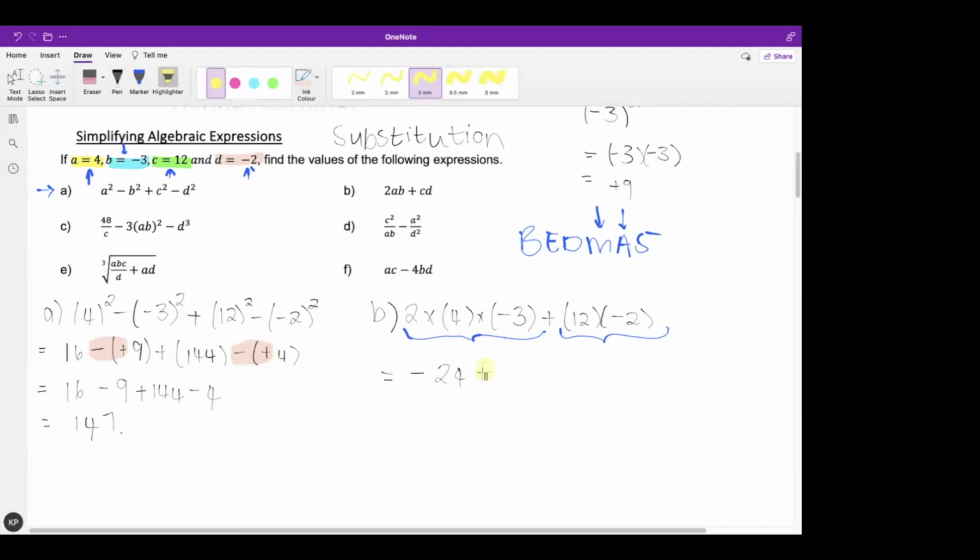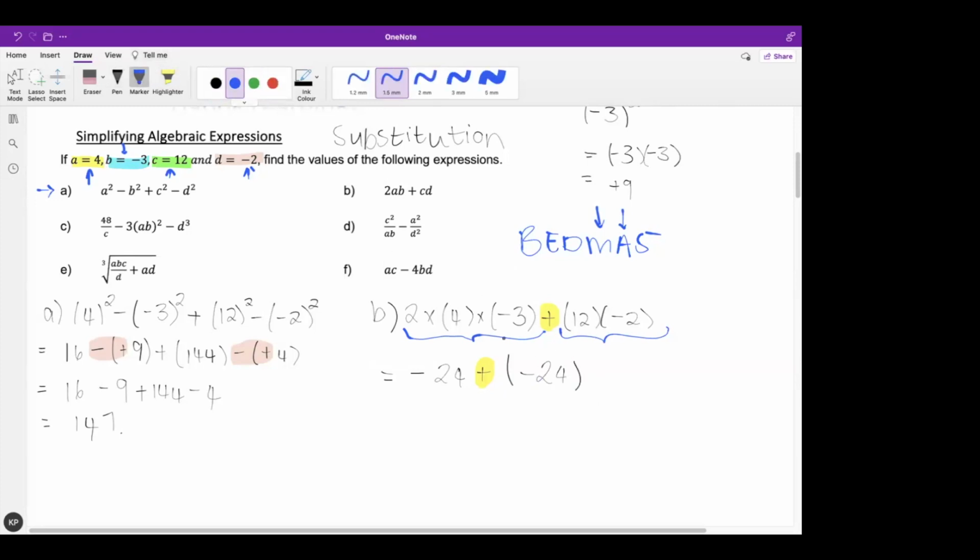So this plus comes from there. And then you open brackets to work out my second part of the sum. So this time I have a positive and a negative number. So then my answer will be what? If you multiply a positive and a negative number, what will your answer be? Negative. So I have negative 12 times 2. Negative 12 times 2 is 24.